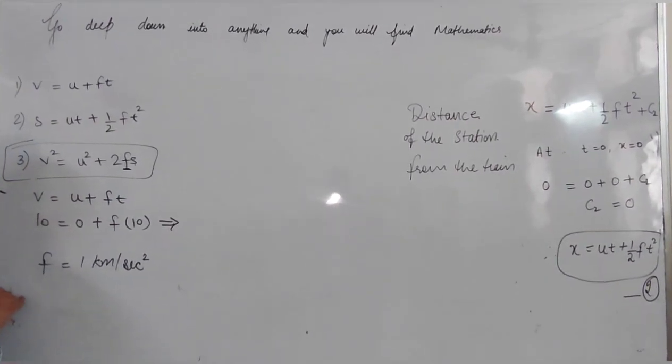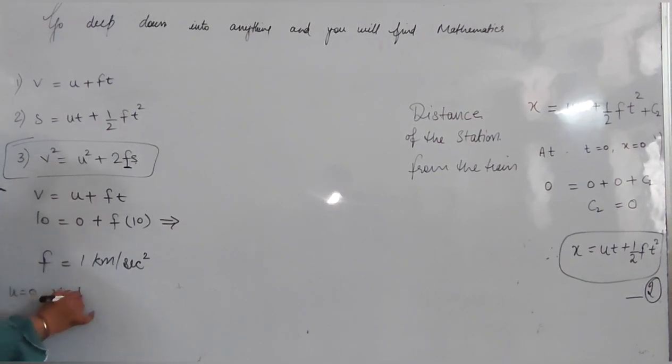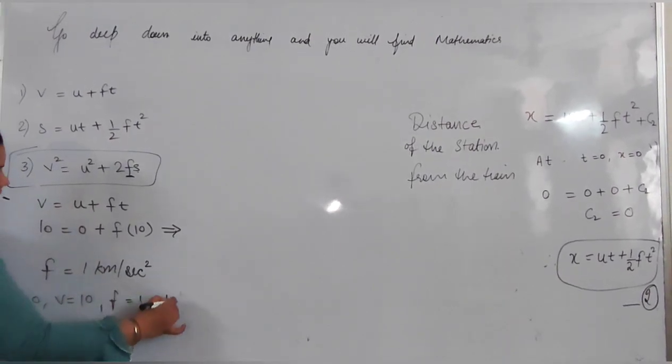Now we have u is 0, v is 10, f is 1, t is 10.